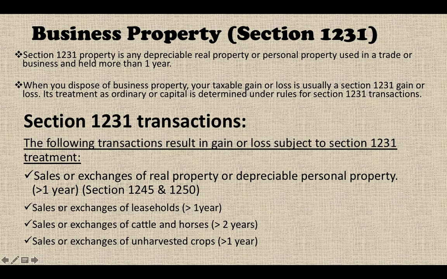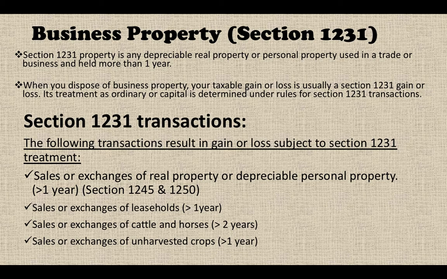It also has other properties like sale or exchange of leasehold, sale or exchange of cattle and horses, and sale or exchange of harvested crops. Those are other properties included in the 1231 transactions as well.